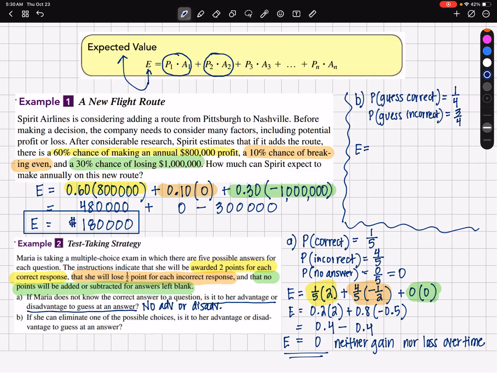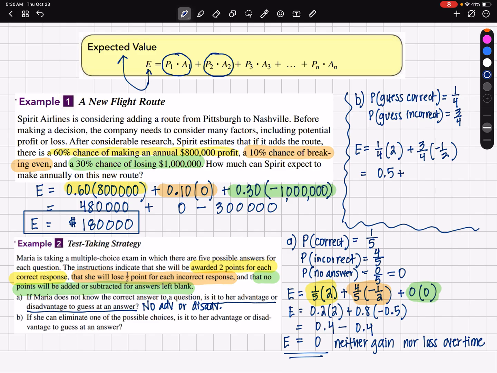So the expected value is going to be 1 out of 4 times 2 points plus 3 out of 4 for negative 1/2 points. And when I multiply that together, I'm going to get 0.25 times 2, or 1/4 times 2, which is 0.5.